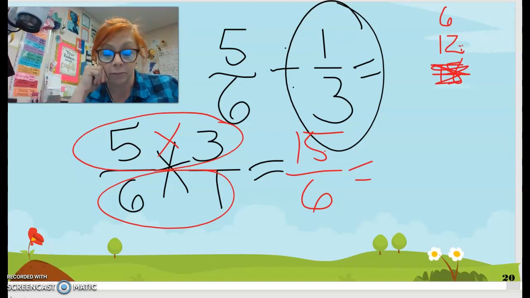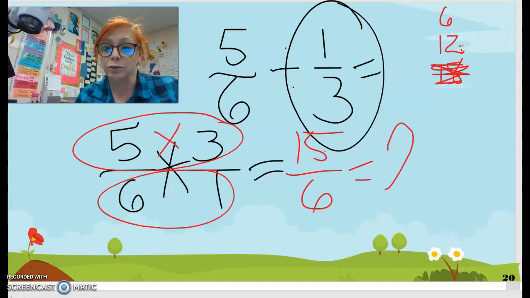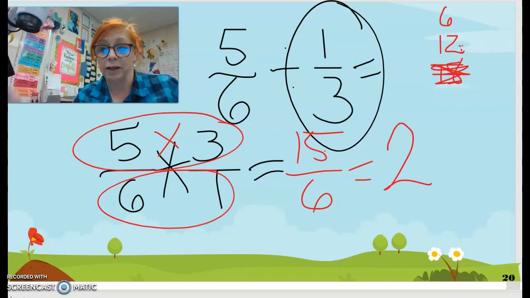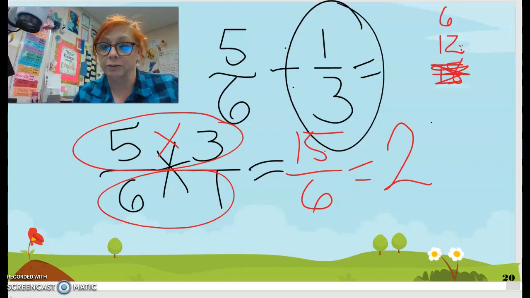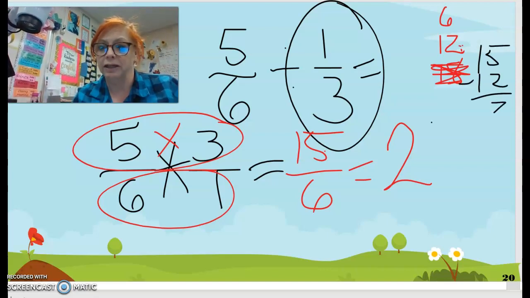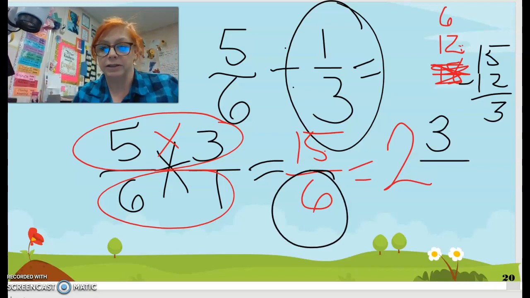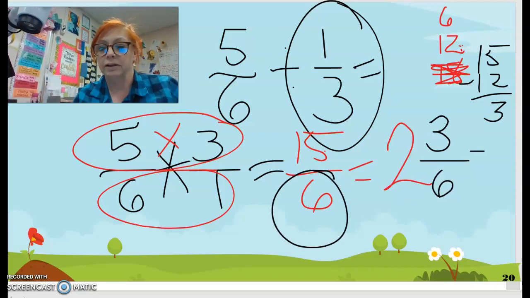How many times did I multiply 6 to get 12? I multiplied 2 times, and I got 12. But this number is 15, so I've got a little bit left over here. So I'm going to say, how much is 15 minus 12? Well, that's 3. So then 3, and my denominator stays the same, 6.